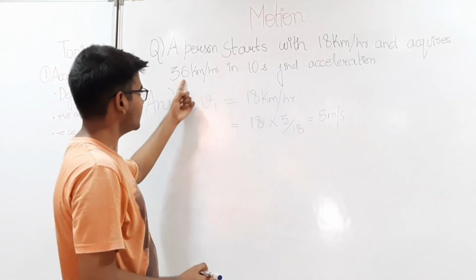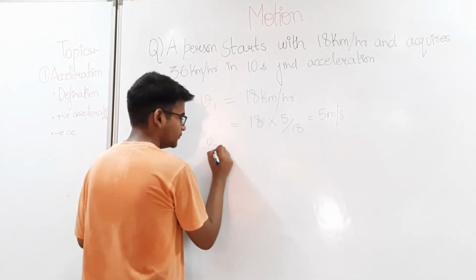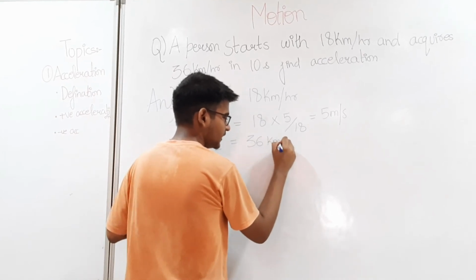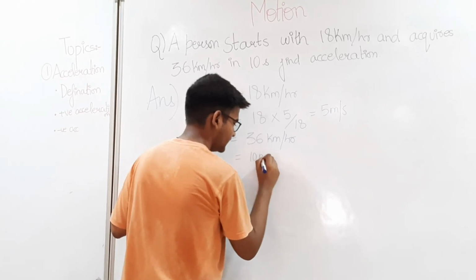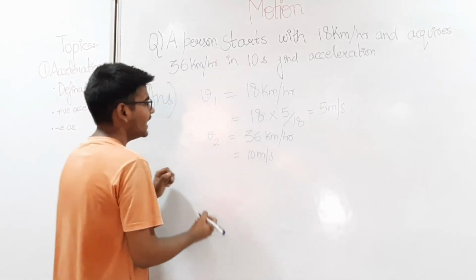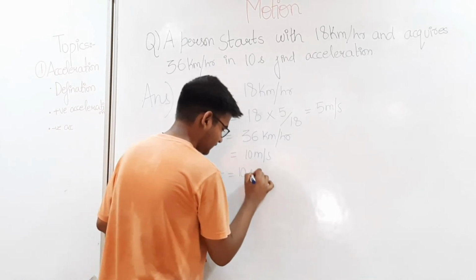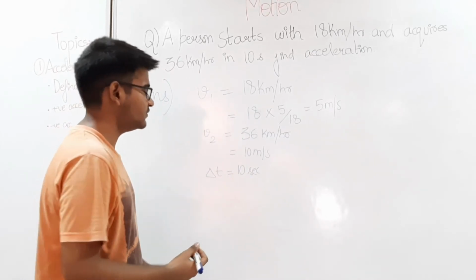And it acquires 36 km per hour in 10 seconds. v2 will be 36 km per hour, that will be 10 meter per second, and the time interval delta t is 10 seconds. So we have to find the acceleration.